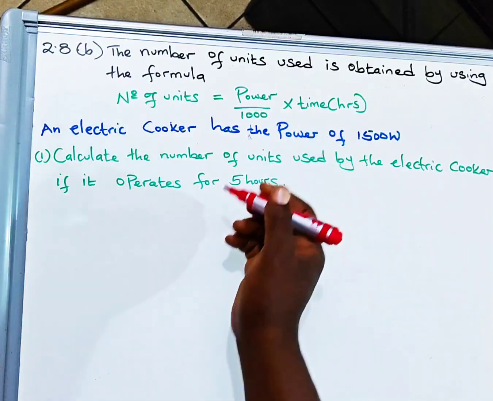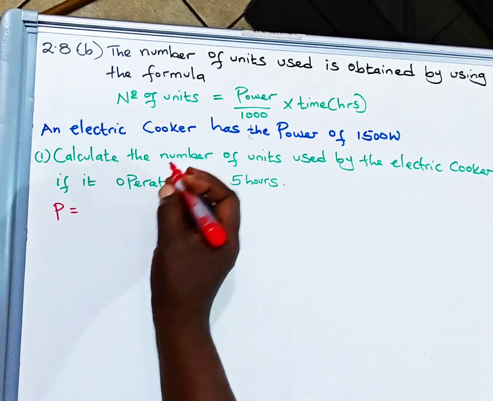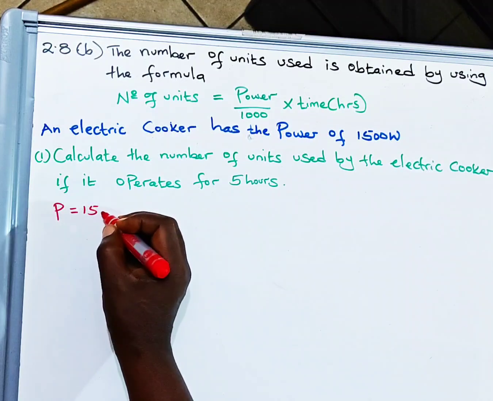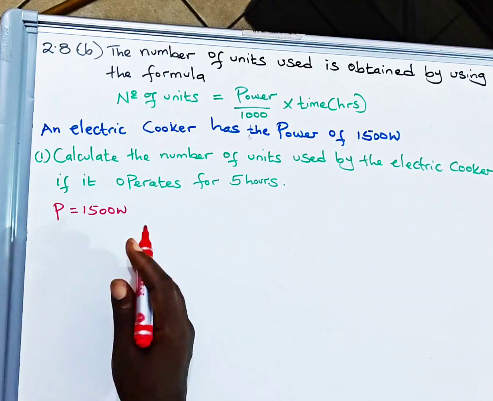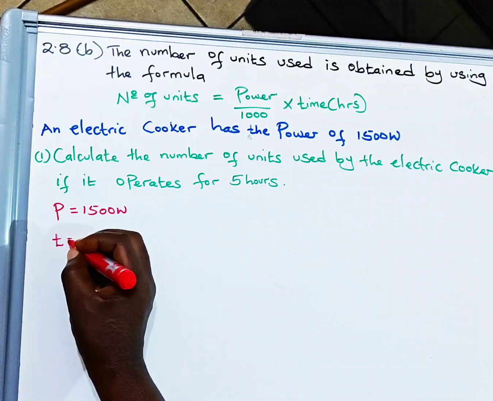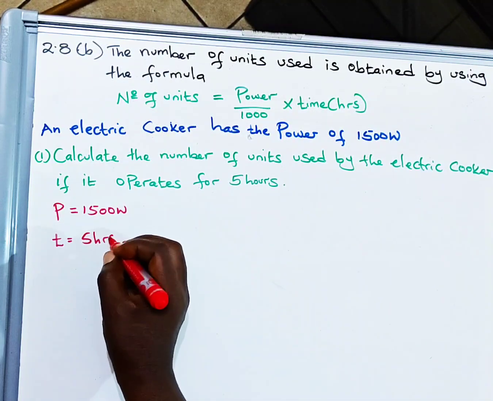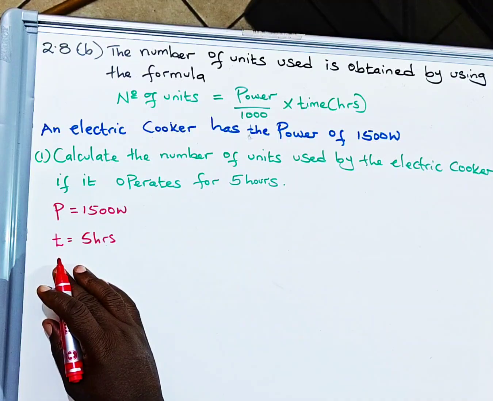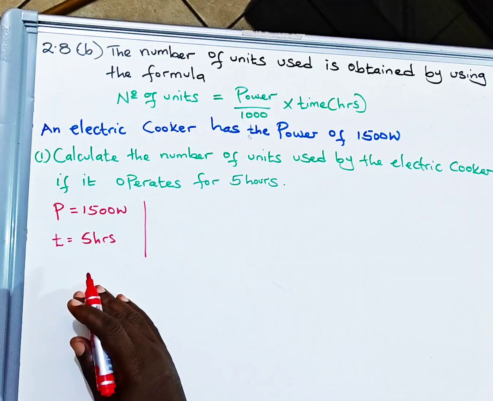Okay, this is what you have to know. We know power already. The power is 1,500 watts. What else do we know? We know time. The time is 5 hours. And our time is needed to be in hours. So with this, what do we do?